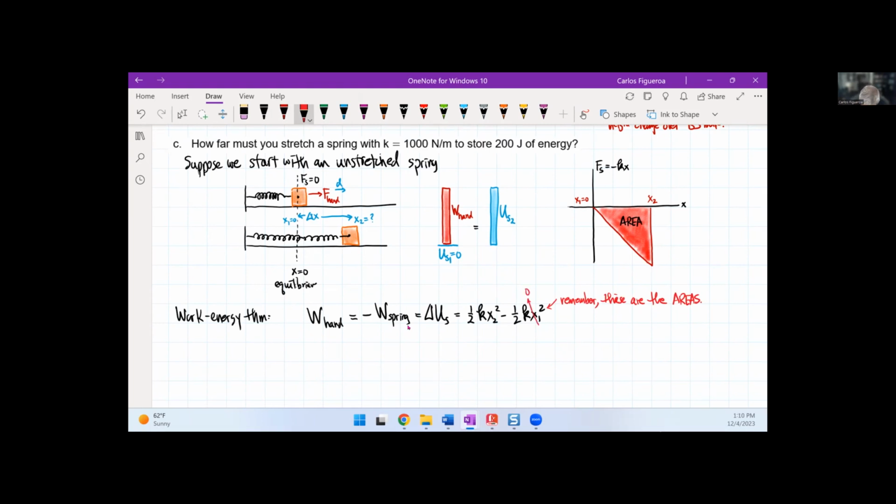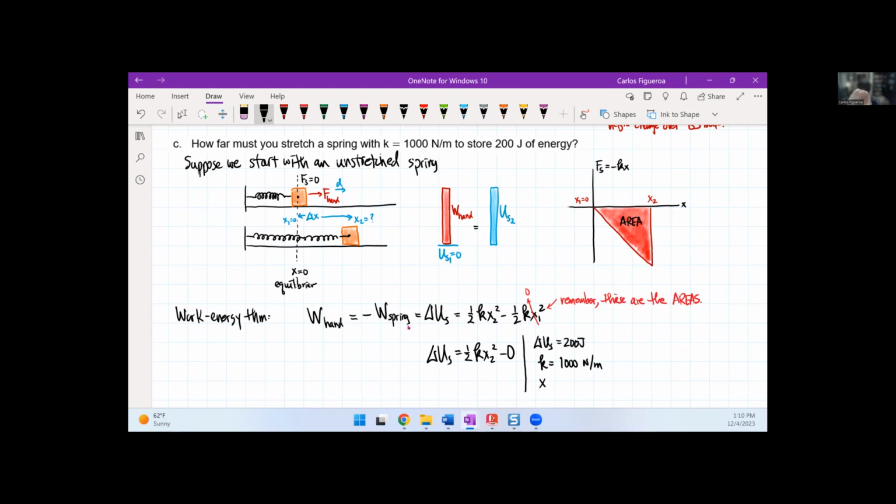So when I look at the spring potential energy, it's 1/2 kx2 squared minus 0, but we're given a couple quantities. One, they tell us that the spring potential energy stored was 200 joules. They tell us that K, the spring constant, was 1,000 newtons per meter.